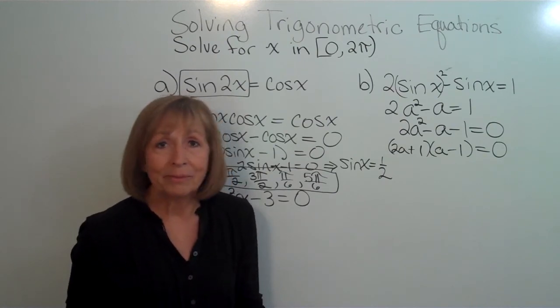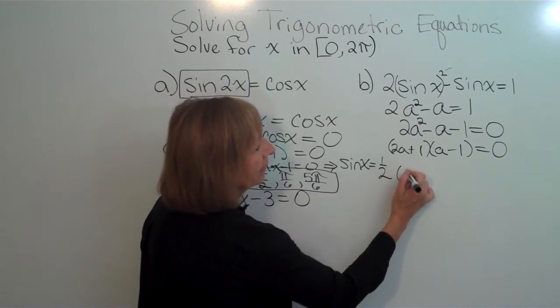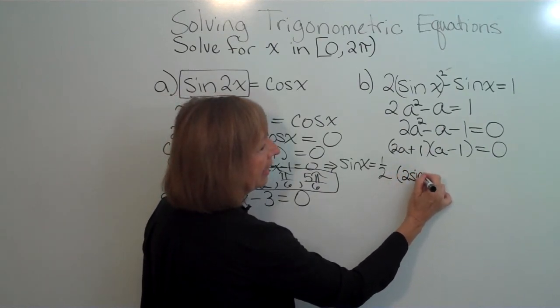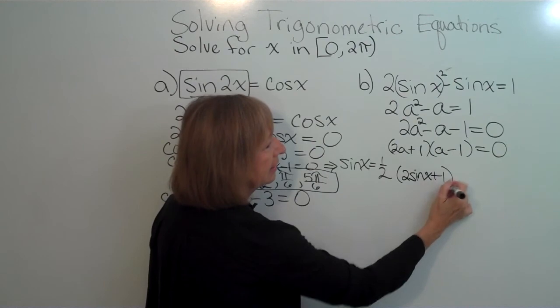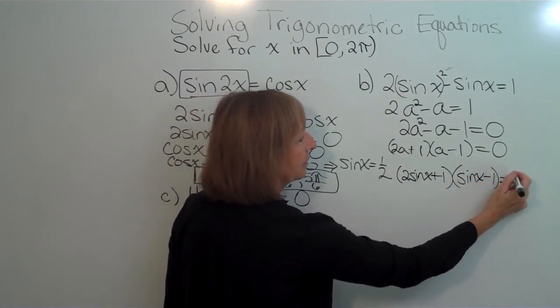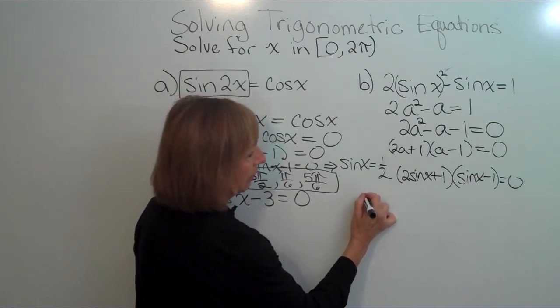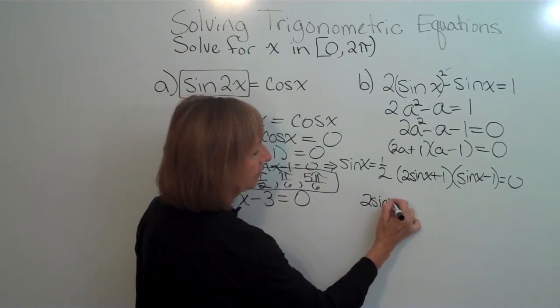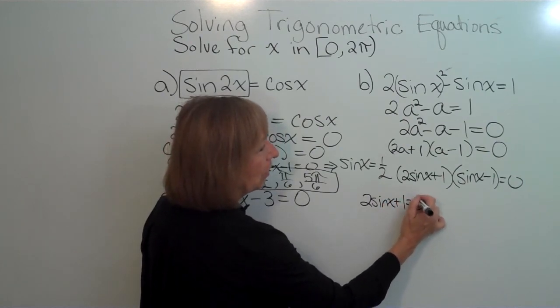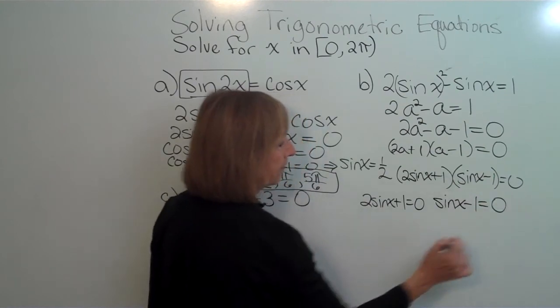But a is just taking the place of sine x in our trig equation. So we really have 2 sine x plus 1 times sine x minus 1 is equal to 0. Now setting each factor equal to 0, I have 2 sine x plus 1 equals 0, or sine x minus 1 is equal to 0.